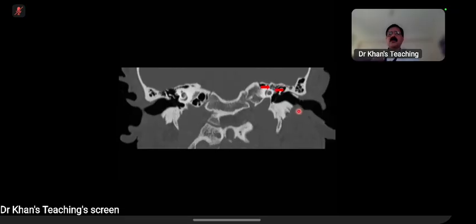You can see this is the labyrinthine portion where the arrow is. Now I stop here. And this is what can come in your anatomy exam also, and the examiners can also ask. There are two dots here, one dot here, one dot here. This is the owl eye appearance. And this is the labyrinthine portion, and this is the tympanic portion of the facial nerve.